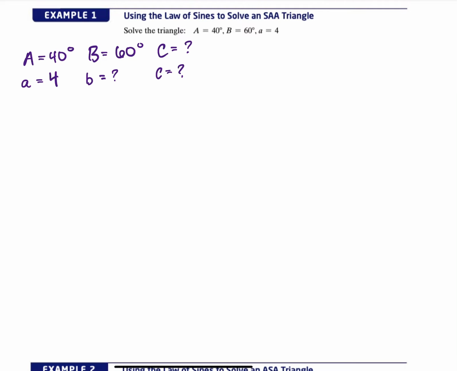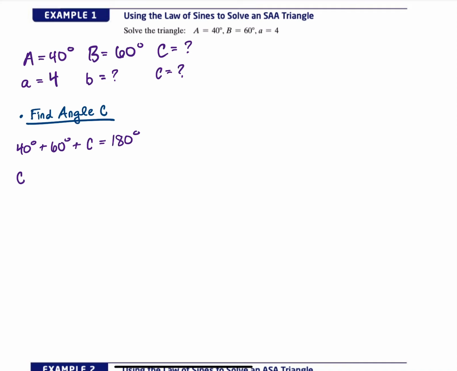So since we have two angles, it's pretty easy to find that third angle. So that can be the first thing we do. We can find angle C. Let's just use the fact that they should all sum up to 180 degrees. So if I say 40 degrees plus 60 degrees plus whatever angle C is, this must equal 180.